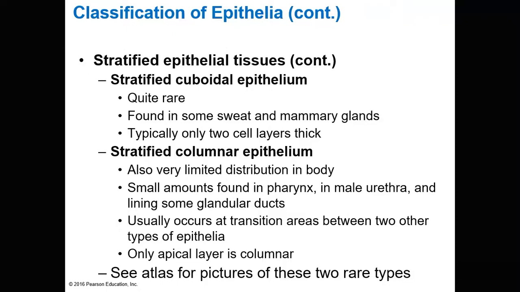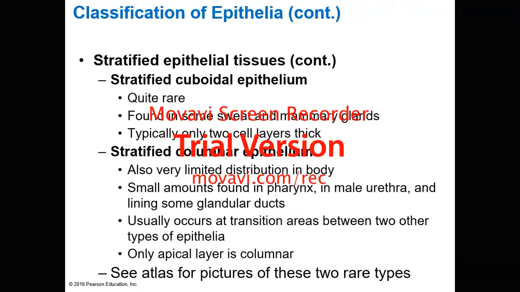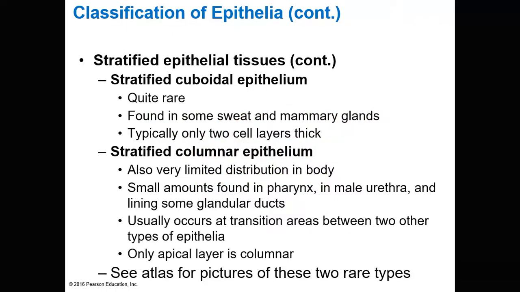So, stratified epithelium continued. The stratified cuboidal epithelium is actually quite rare. Found in some sweat and mammary glands, typically only 2 cell layers thick. Stratified columnar epithelium is also very limited in distribution in the body.